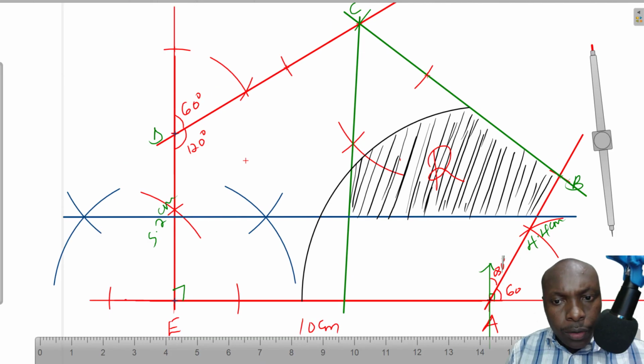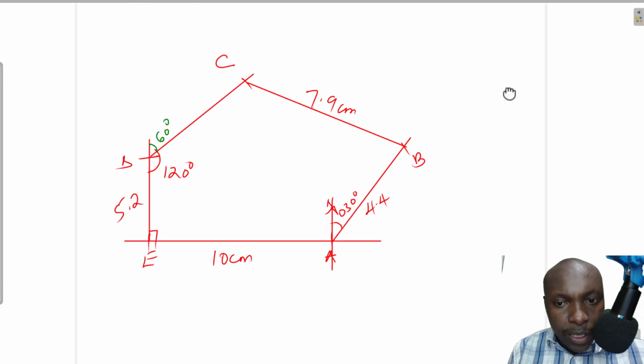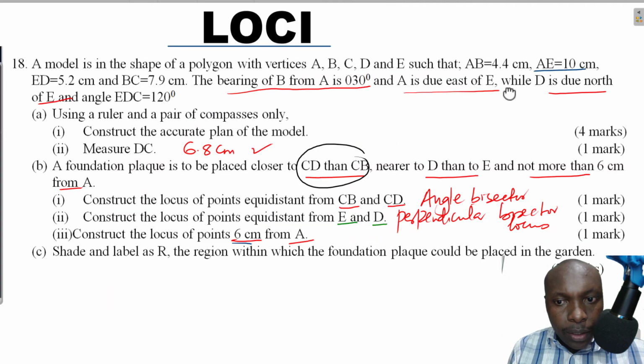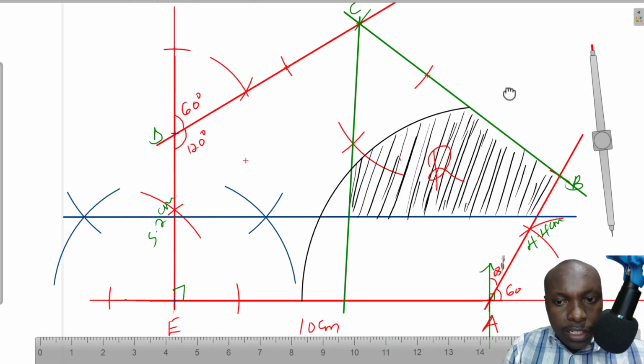Now, therefore, we can conclude that region R satisfies all the three conditions. The first condition, that the plank is to be placed closer to CD than CB. You can see the angle bisector of CD and CB. You can see that angle bisector locus. That one stands for that. Then the other one, it should be nearer to D than E. Look at the shaded region.